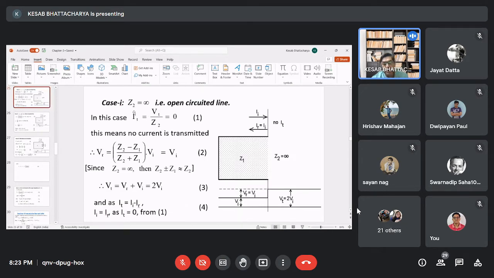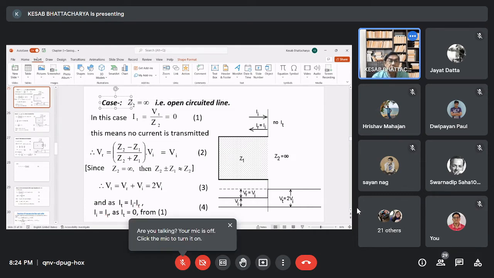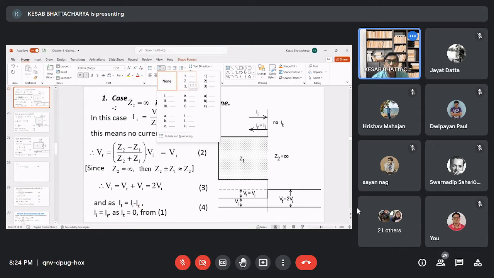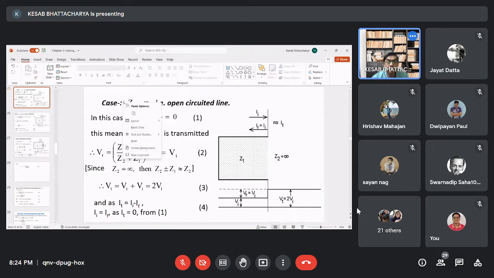Now we have to consider a few special cases. Thereafter, we shall take 5 minutes break. First, case 1, we consider Z2 is equal to infinity, that is open circuited line.